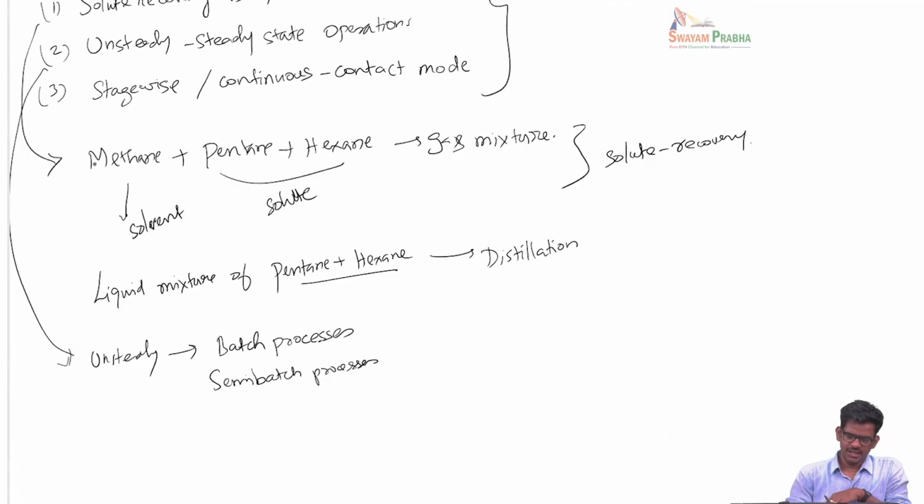And there is a steady state operation. In this case there will always be mass flowing in and out continuously. Mass is coming in and mass is leaving, and if you look at any particular location in a mass transfer equipment, you will see the composition is invariant of time.